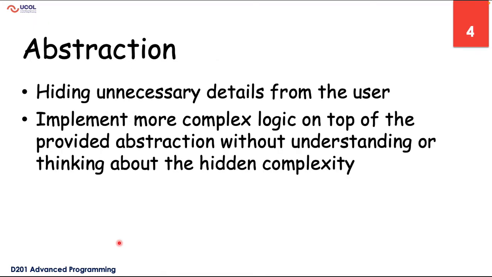Abstraction is hiding unnecessary details from the user, implementing more complex logic on top of the provided abstraction without understanding or thinking about the hidden complexity. The simplest example we always use, or we have been using in this course as well, is using some methods from the existing classes.